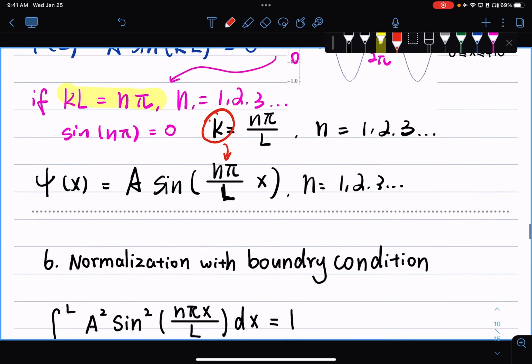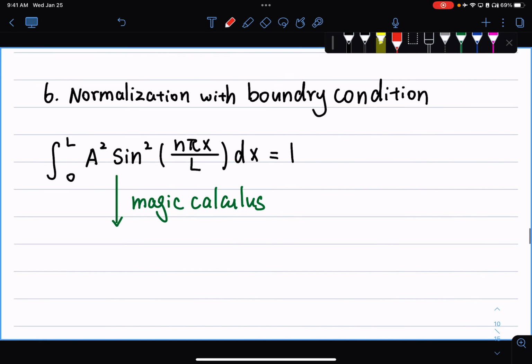Okay. And then we need to use integration to solve for the normalization coefficient A. Remember, we're talking about a probability function. A wave function is a probability wave. The absolute value squared gives you the probability density function.